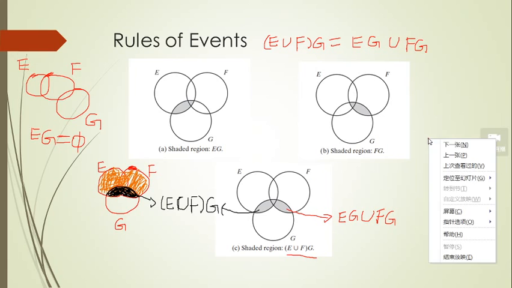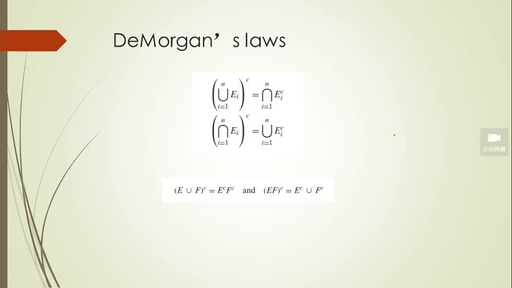Now, let's check some common rules. We call them De Morgan's laws. This part is also common in set theory. Now let's try to understand those two.